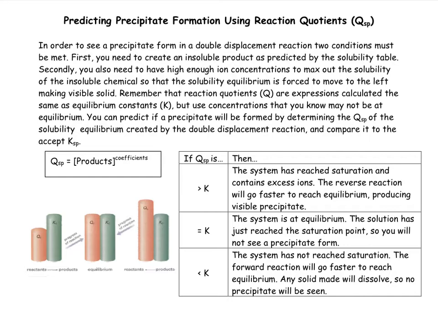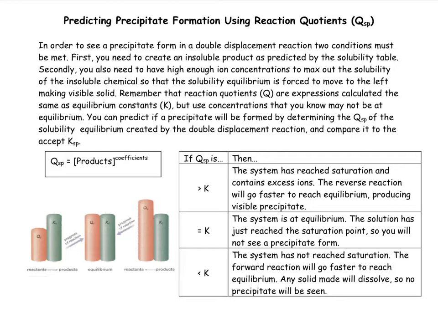If Q is greater than K, it means that the system has reached saturation and contains excess ions. The reverse reaction will go faster to reach equilibrium, producing a visible precipitate.